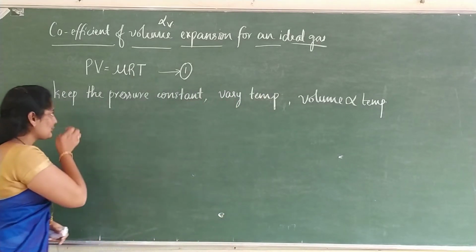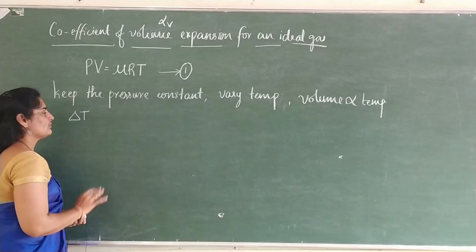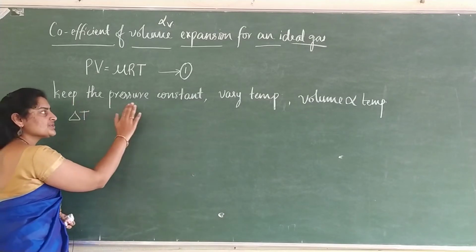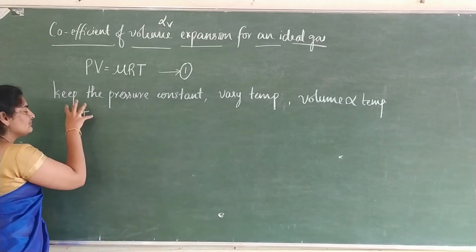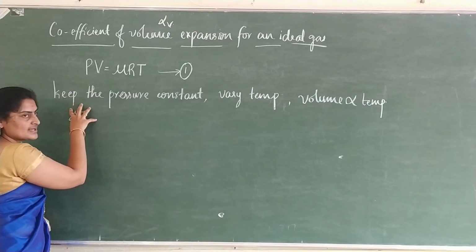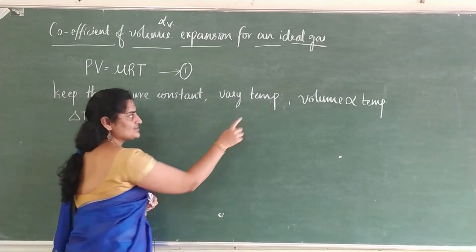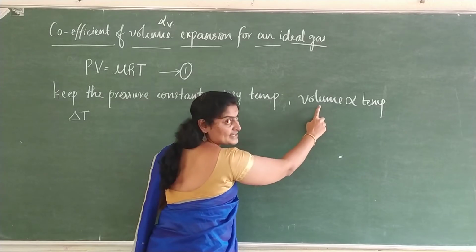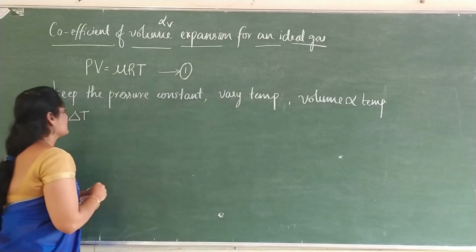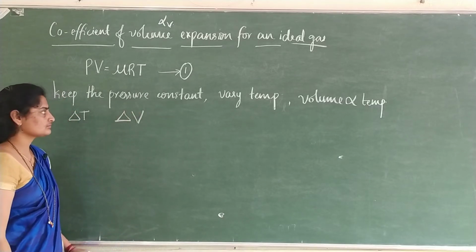Let delta T be the change in temperature. As I said, I am keeping the pressure constant and varying the temperature. So if the change in temperature is delta T, what happens to the volume of the gas? It has also changed. So delta V be the change in volume.